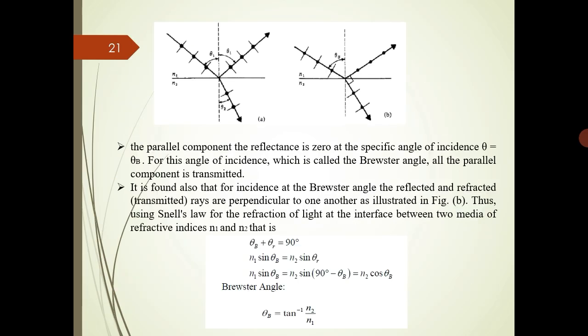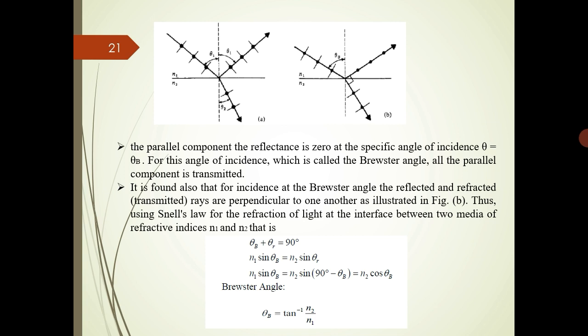Here, the diagram shows the concept of reflection and absorption of light whenever it is incident on a surface. For the parallel component, the reflection is 0 at a specific angle of incidence theta equal to theta b. This angle of incidence is called Brewster's angle, where all the parallel component is transmitted.